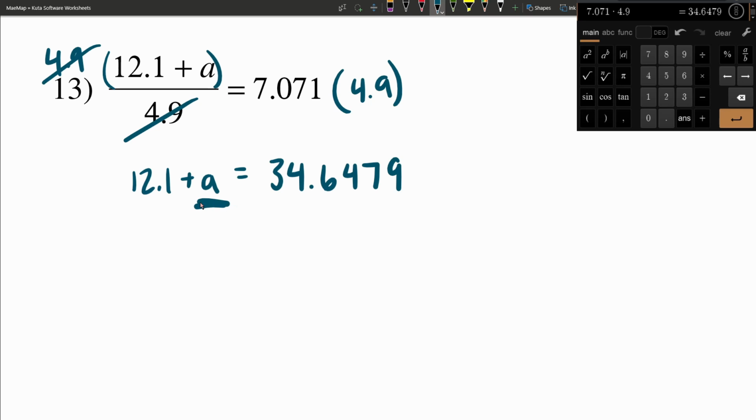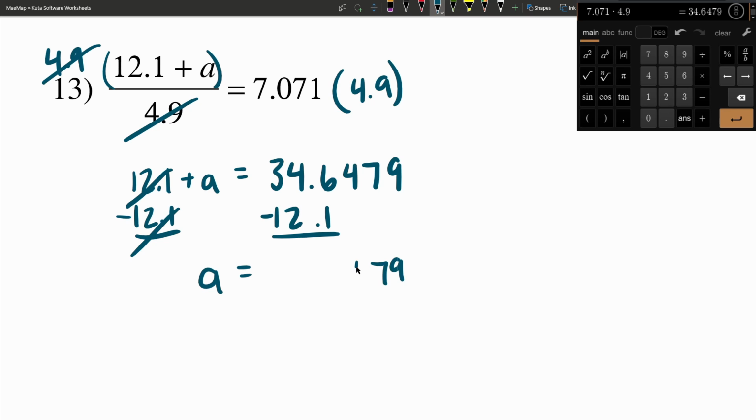Now, in order to isolate our variable a, it's added to a 12.1, so we're going to subtract a 12.1 from both sides. So we'll get a on our left-hand side equal to, let's go ahead and do this out quickly. We'll have 9, 7, 4, 6 minus 1 is 5. Keep that decimal in line. 4 minus 2 is 2. 3 minus 1 is 2. So this is 22.5479.